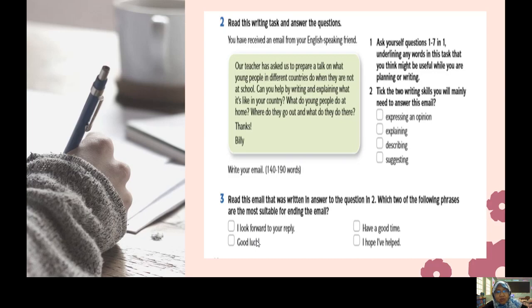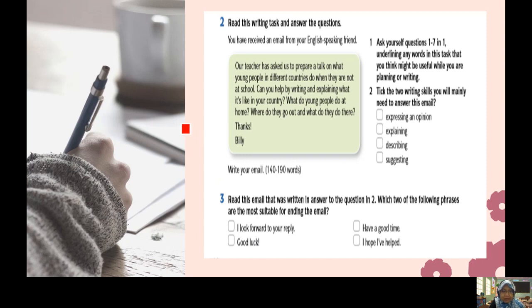This one on your own, you have to answer the same question again from exercise 1. The first one. Who has sent you the email? Siapa yang beri email tersebut? So the answer is here.